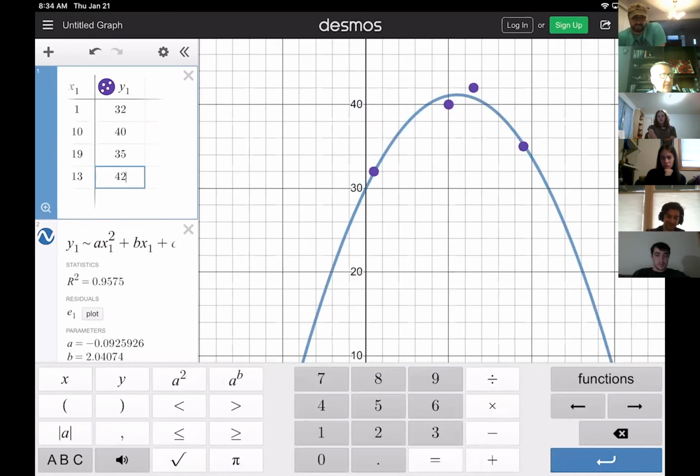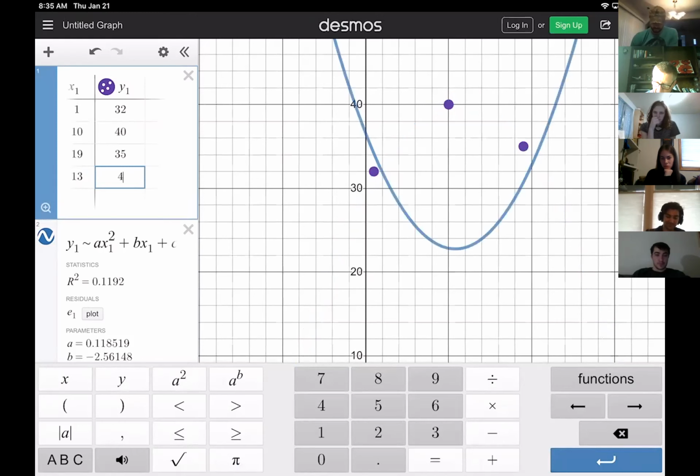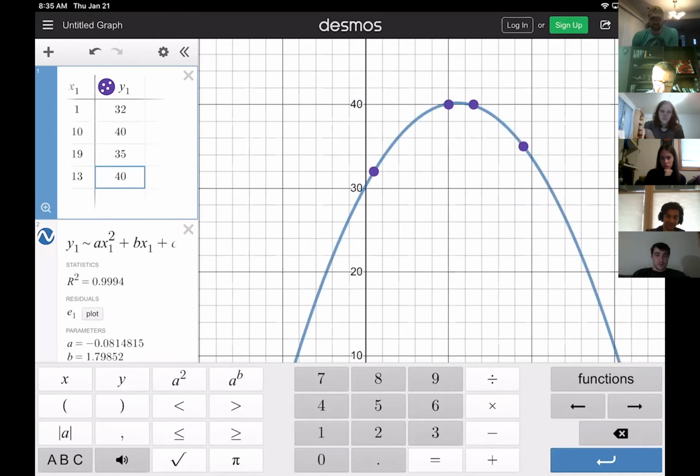Does it make sense it's now not perfect anymore? And notice my answer there was a little unrealistic, like based on the data, that couldn't have happened. Obviously, you just made that up because that didn't work. Maybe 41 would have made it a little bit better, or maybe even 40. But do you see the R squared value is 0.9994? It's like 99.9% accurate, but it's still not perfect.